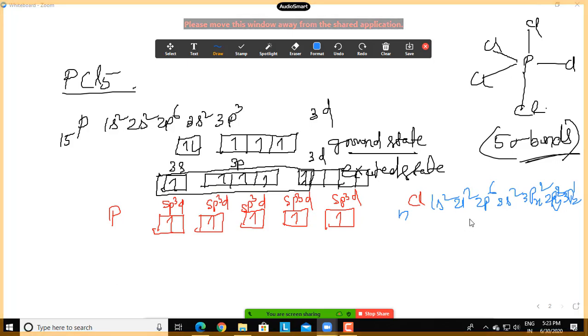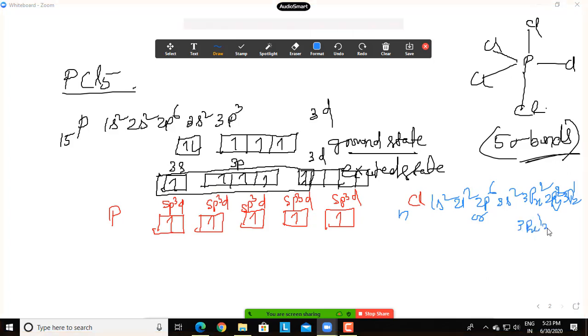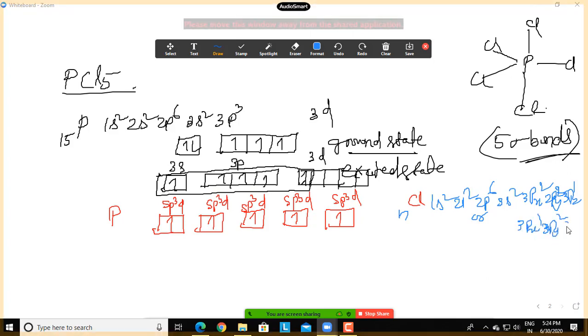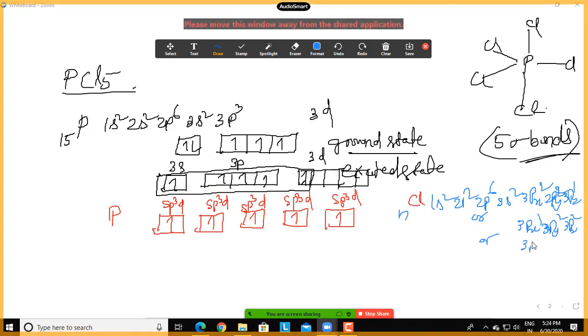Whatever you can make. So chlorine you can write 3px1, 3py2, 3pz2 remaining same, or 3px2, 3py1, 3pz2. So these 3 ways you can write.